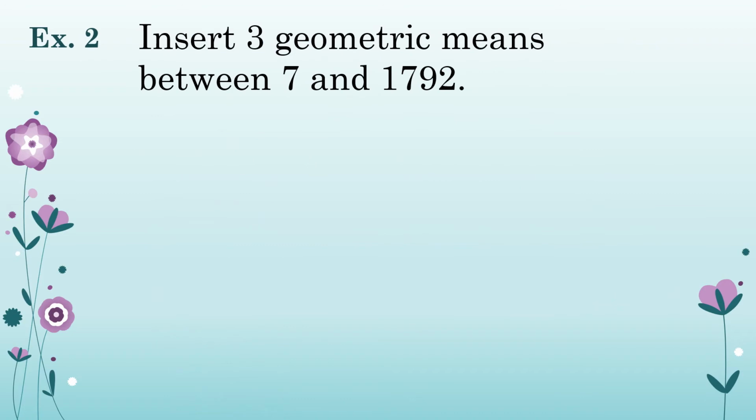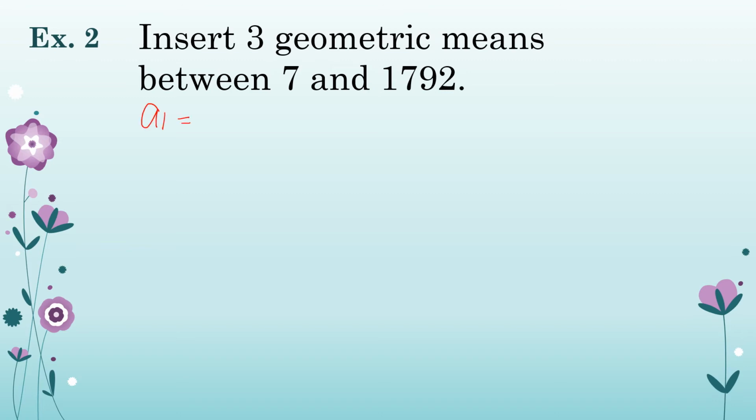Okay, let's have the next example. Insert three geometric means between 7 and 1,792. Okay, first, let us identify the given. Can you give one? Okay, yes, we have a sub 1.